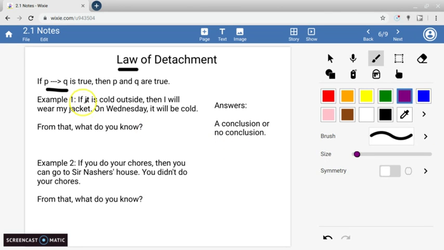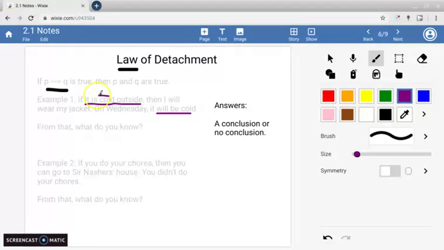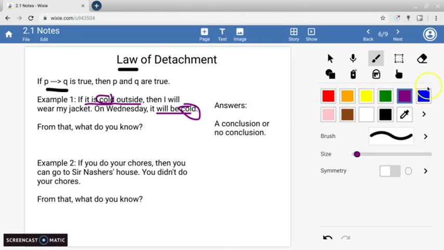Well, if you take the 2 statements, you take the first part of both of them. So it is cold outside, and then it will be cold. Do they match? Yes. It's still talking about the same thing, cold and cold. So you know that you can get something from this. That's how you know.